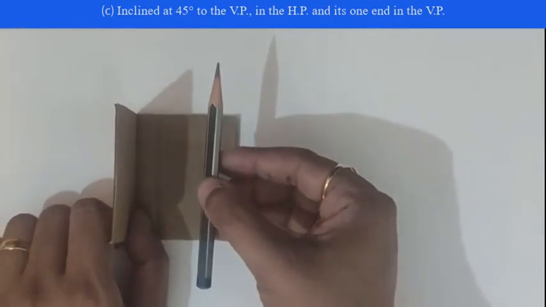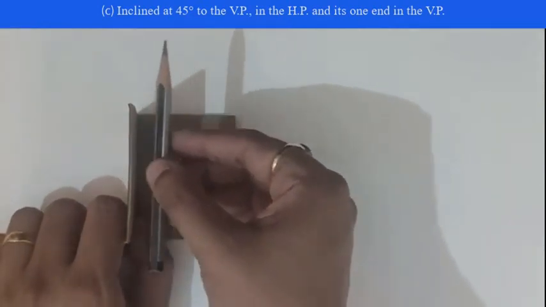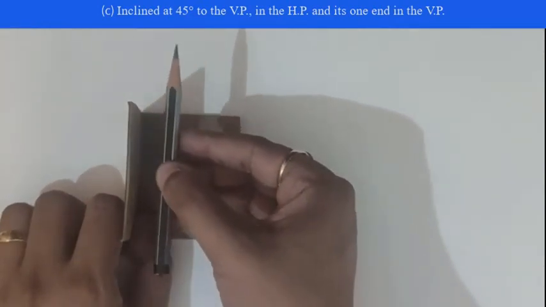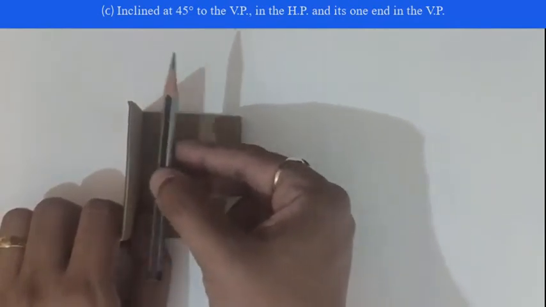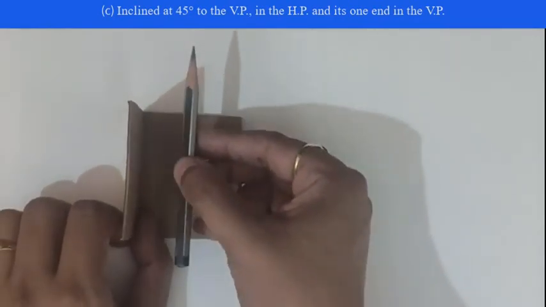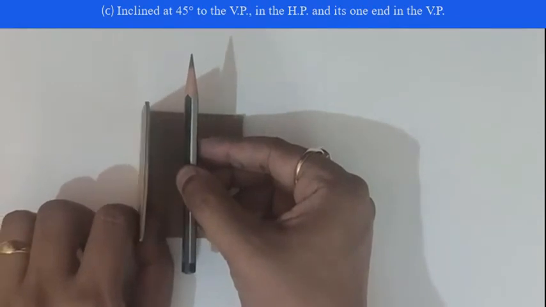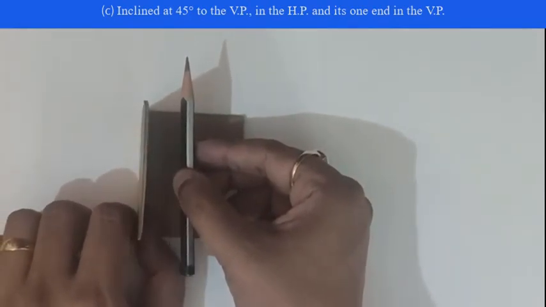Jeta line inclined to one plane hoi thake, so first we will assume that the line is parallel to both the planes. Line to ami assume korilam ki parallel hoi ase in both the planes. So in this position first of all we'll try to draw the top view and the front view of this.